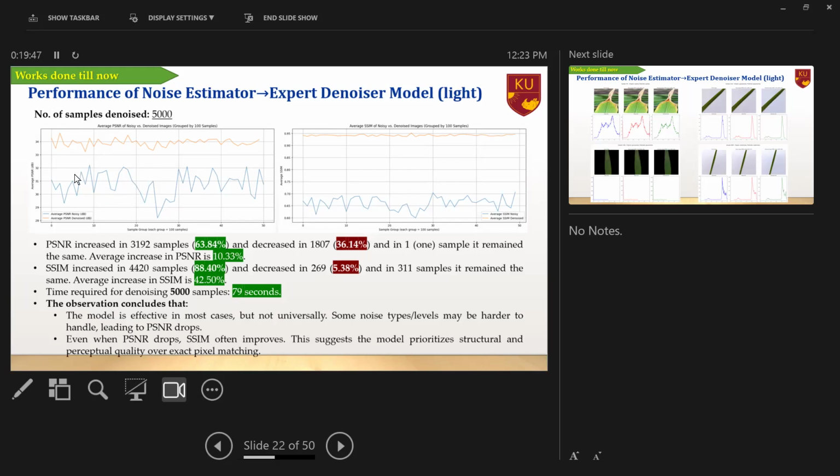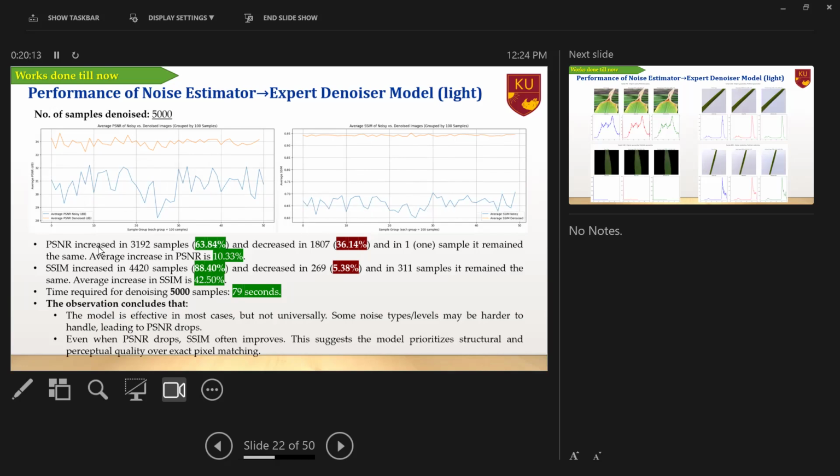Here you can see the PSNR increases. The orange line is the PSNR of the denoised image, and the blue line is the PSNR of the noisy image. And here the SSIM increases to near about 1.